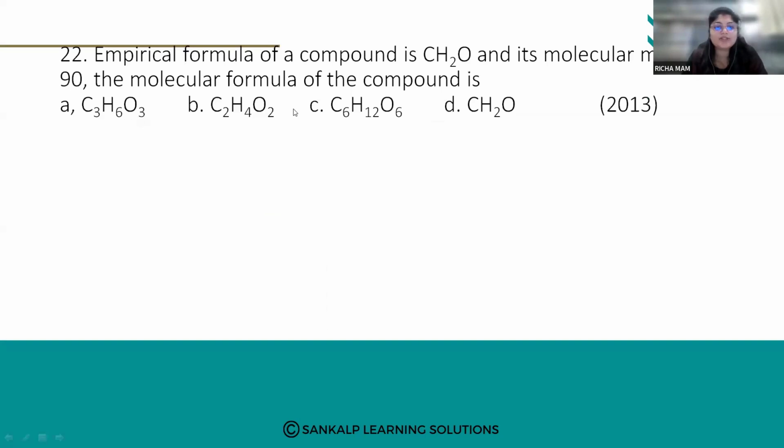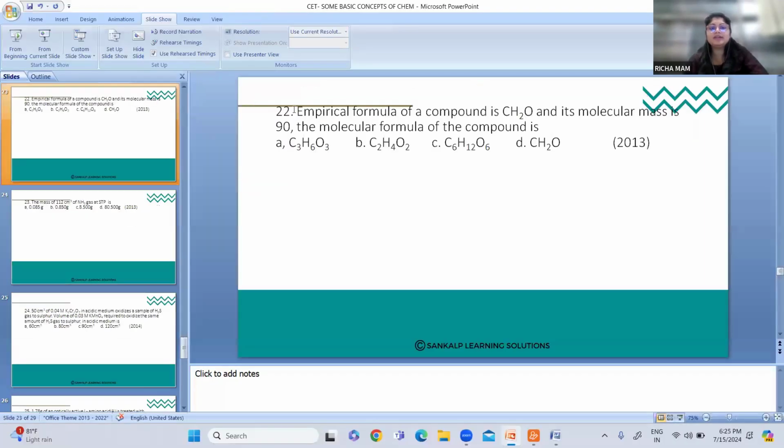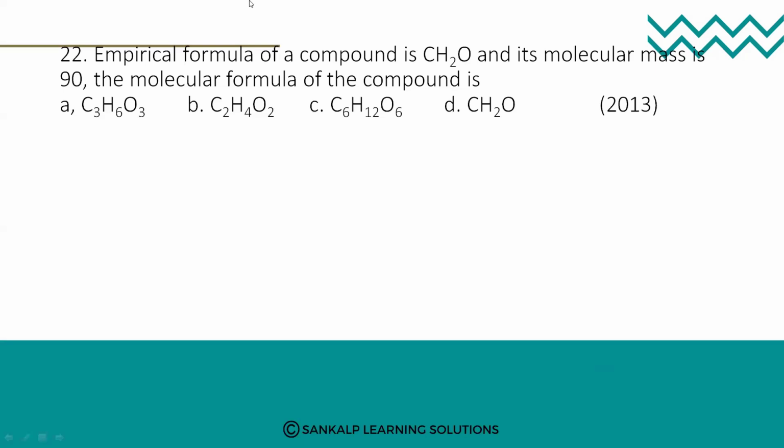Let us solve a question on empirical formula. Empirical formula of a compound is CH2O and its molecular mass is 90.